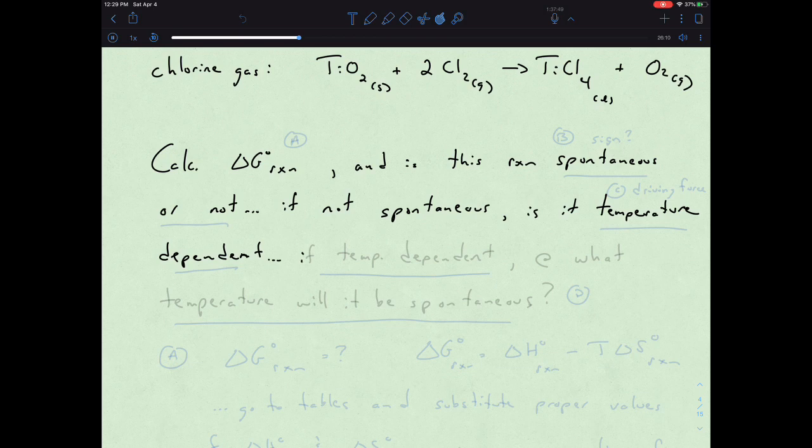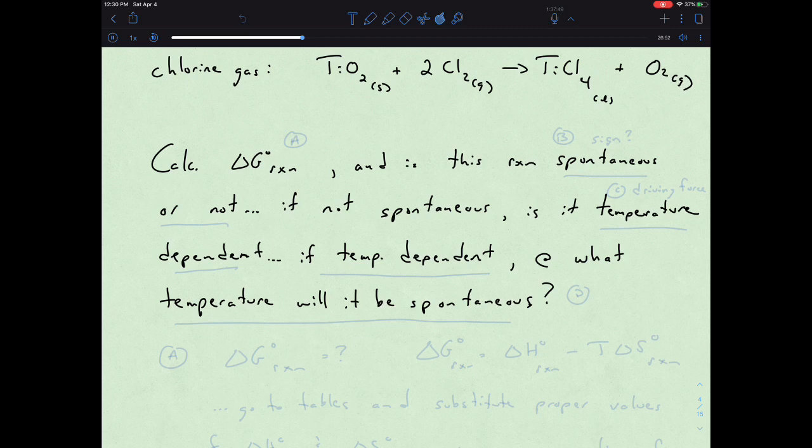And if temperature dependent, at what temperature will it be spontaneous? So really a bunch of questions there.